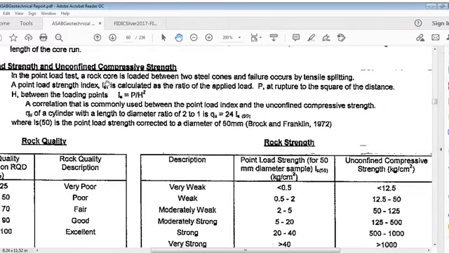The point load strength index is calculated as the ratio of applied load at rupture to the square of the distance h between the points: P over h squared. Whatever force is there, with the height there, that's P over h squared, and that we got here.